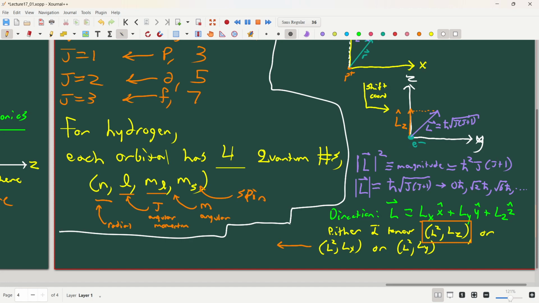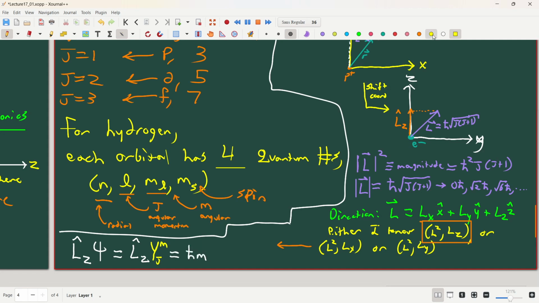When I apply Lz to my wave function, my spherical harmonics, Y, j, m, and measure the z component, we get h bar m times Y, j, m.